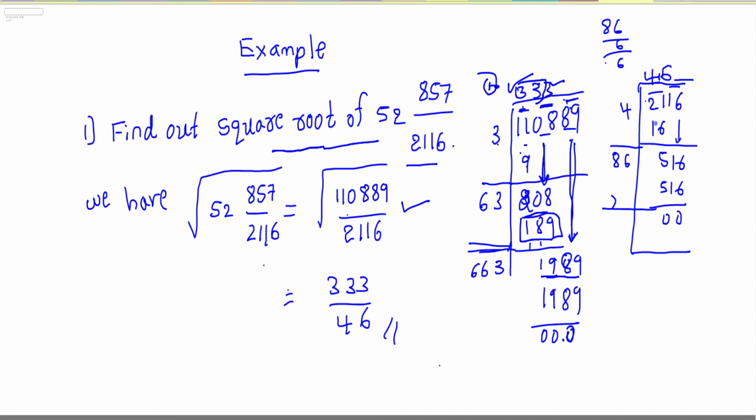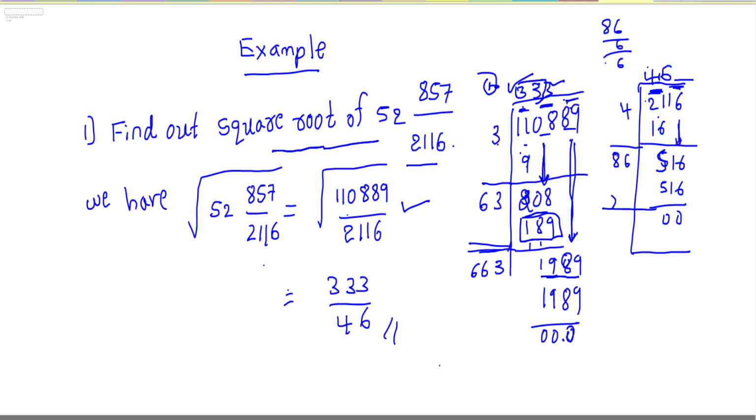Next, coming to 2116, we group the digits from the right side; this is the first period and this is the second. We imagine a number whose square is less than the first period, that is 4 into 4, 16. You subtract it from the first period, you get 5 and bring down the next period, that is 516.